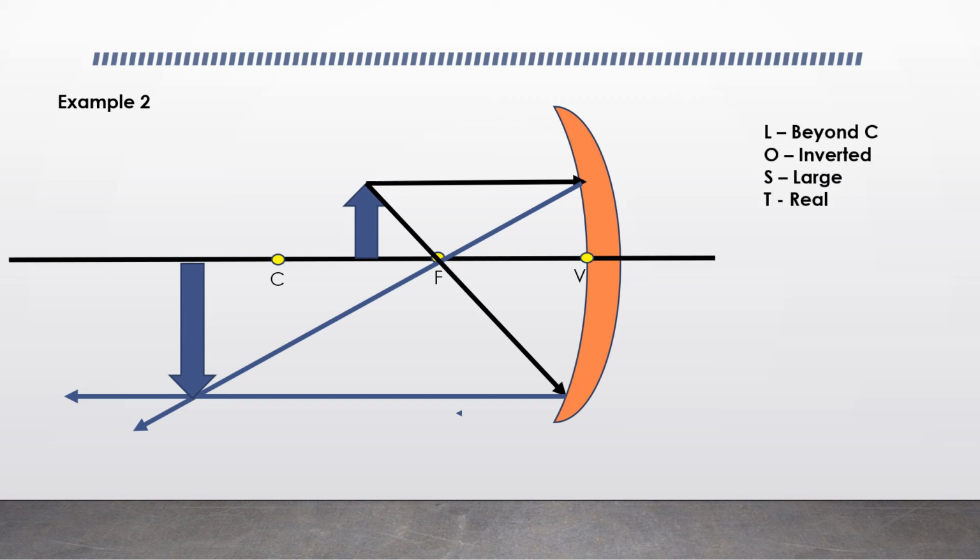The location of the image is beyond C. The orientation of the image is inverted. The size of the image is large, and the type of the image formed is real. Real because the image is formed at the intersection of real reflected rays.